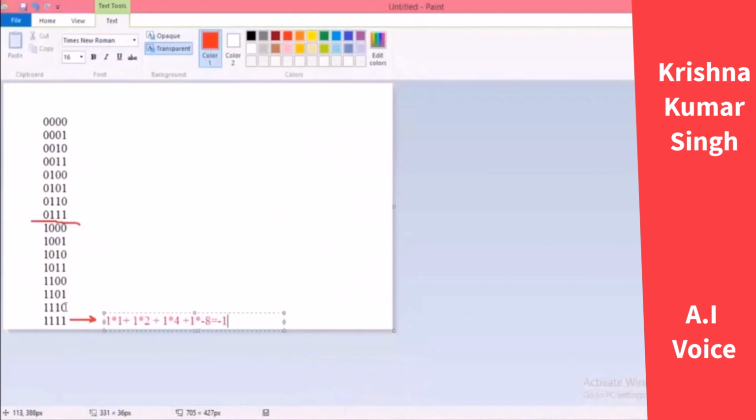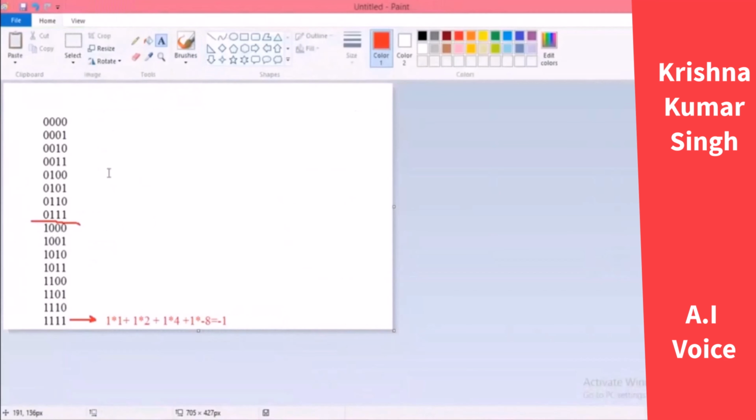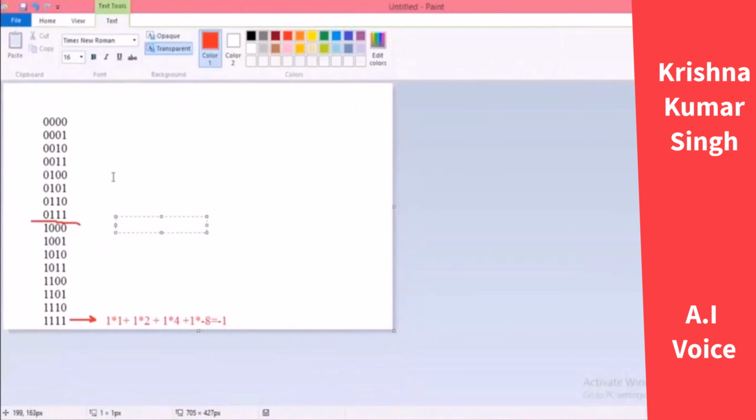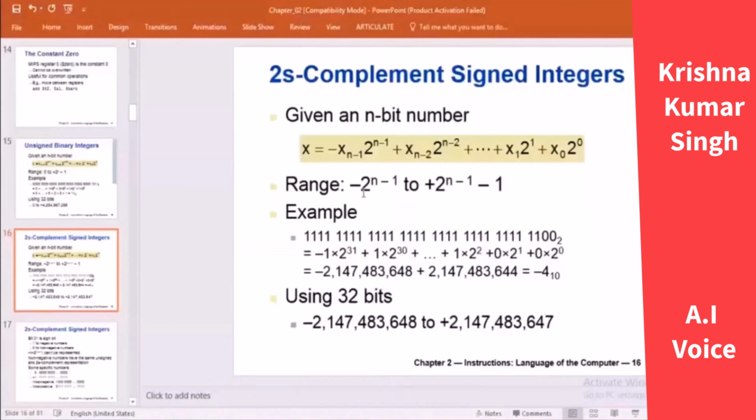So here for 4 bits, I have numbers between -8 to +7. According to this formula, -2 power n minus 1, it is 2 power 3. Instead of 2 power 4, mine is 2 power 3 or 8. Minus 1 is 7. So the range will be between -8 to +7 for 4 bits.